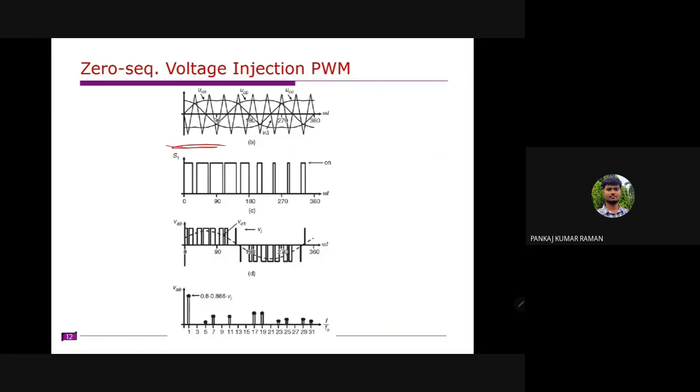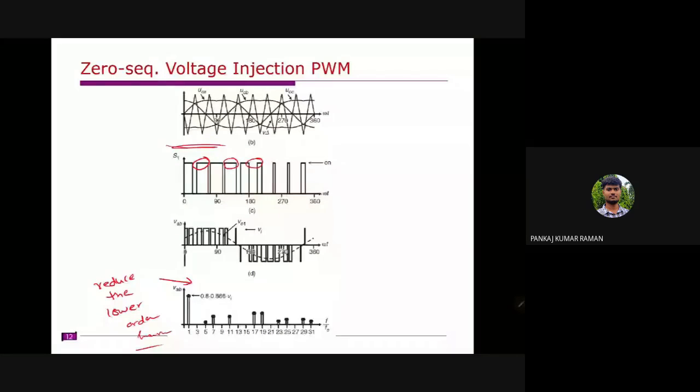Compared to the previous one, these pulses are slightly widened, so the output voltage is slightly increased, and it will reduce the lower order harmonics.